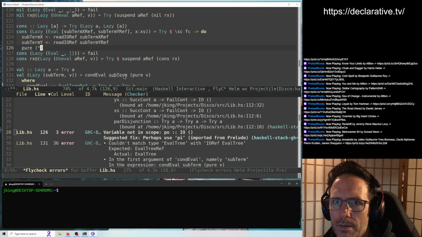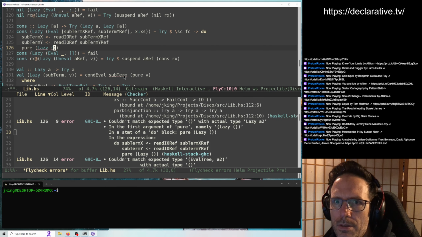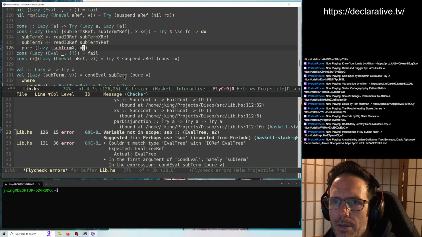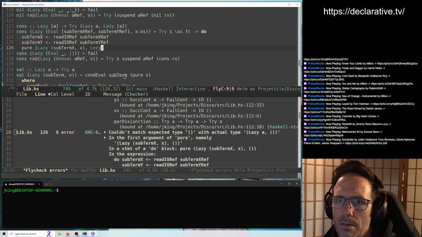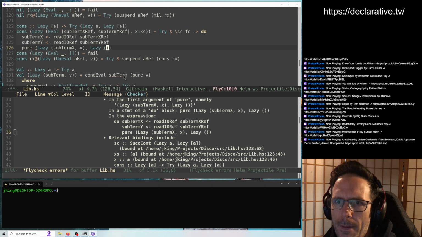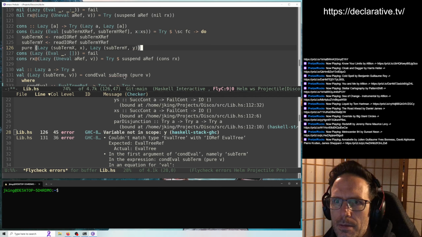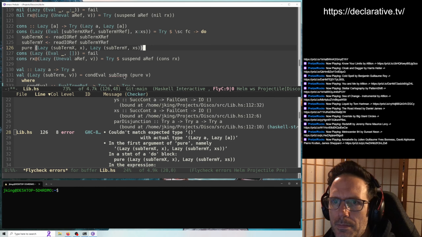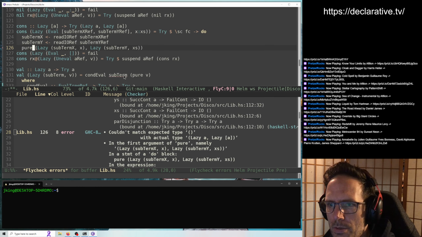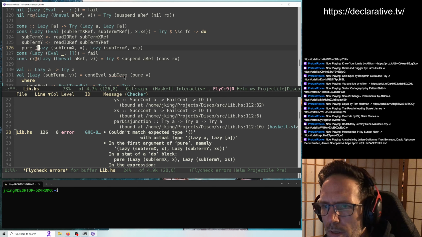So then we need the pure lazy subterm X and X with a lazy subterm Y. And the problem with this, we expected type unit, giving it, returning that.